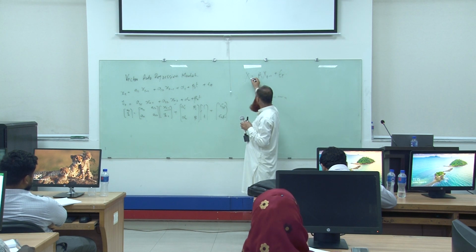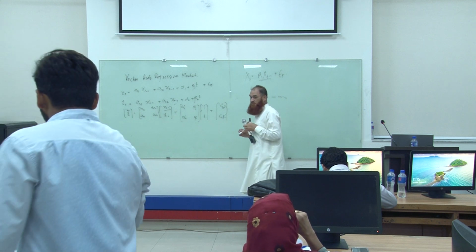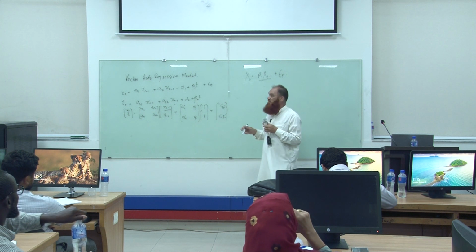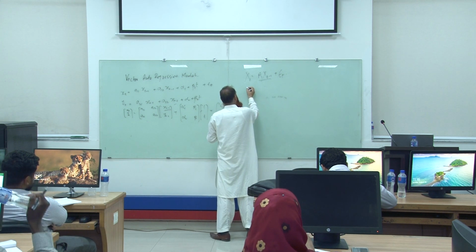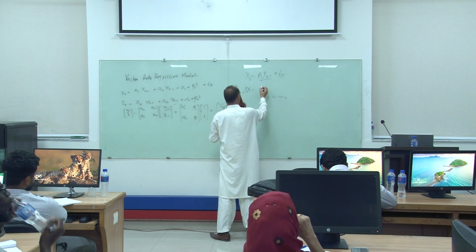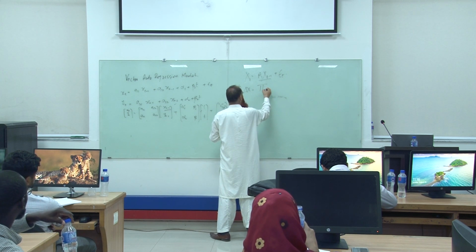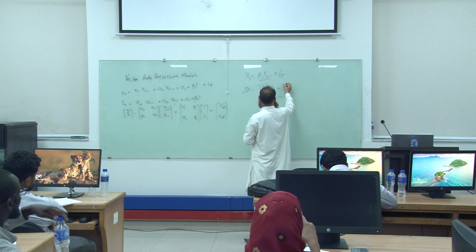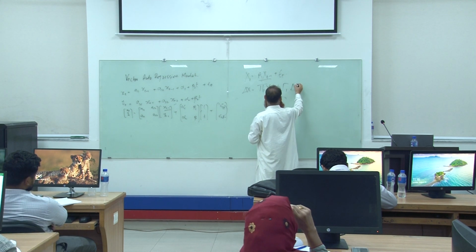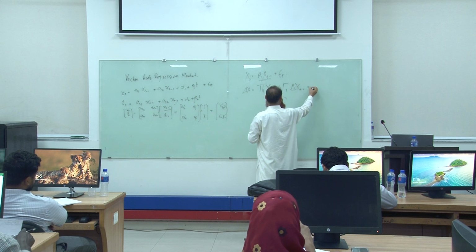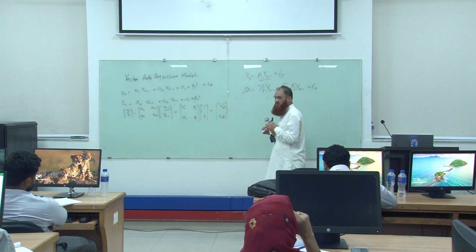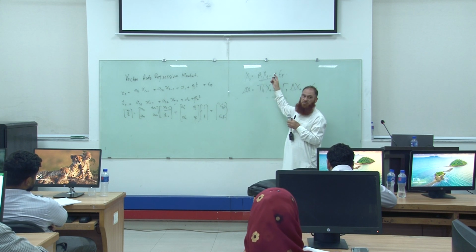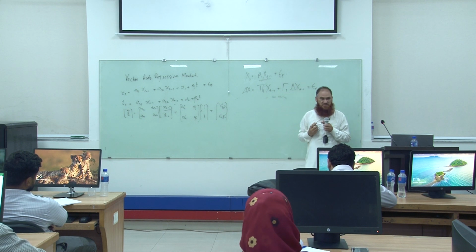So the x is being regressed on its own lag, and with some kind of transformation you can write the same model in this format. Del xt is equal to pi 1 x t minus 1 plus say gamma 1 del x t minus 1 plus epsilon t. Basically, if you subtract the xt minus 1 on both sides, you will get this kind of transformation.